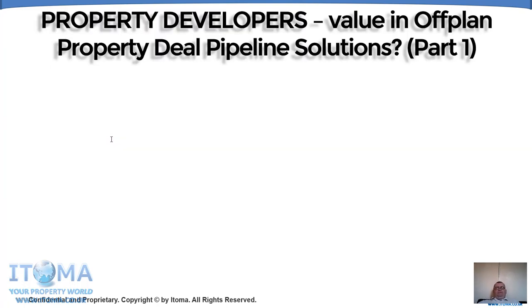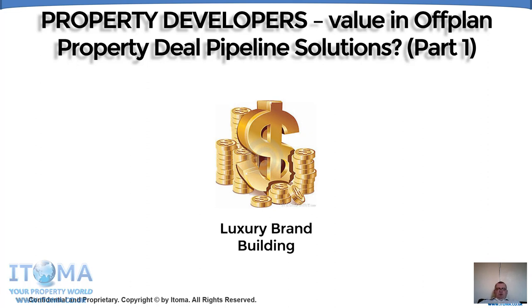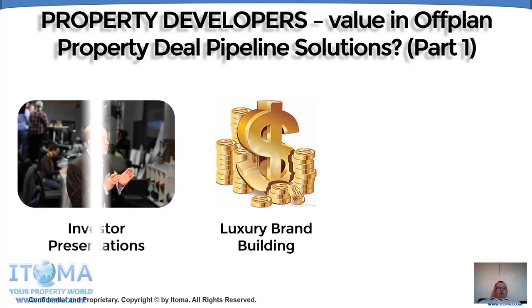And obviously, animation, CGI, and renders are only one type of them. We also help you build luxury brand, which means that you appear more exclusive to the potential buyers, which means that we can help you increase the valuation or so-called GDV, gross development value. That's point number one.